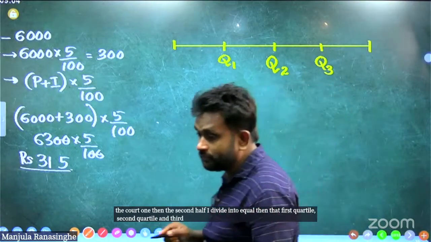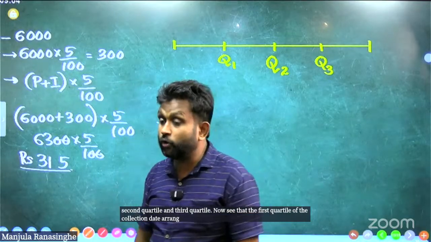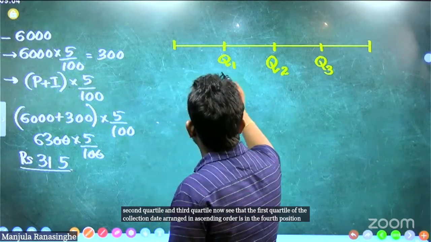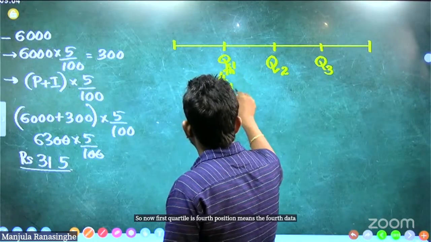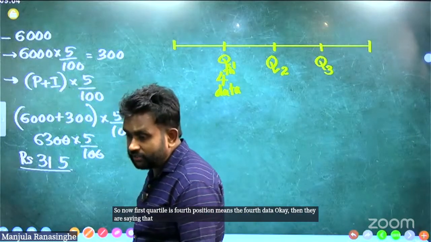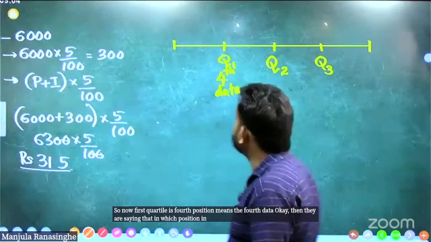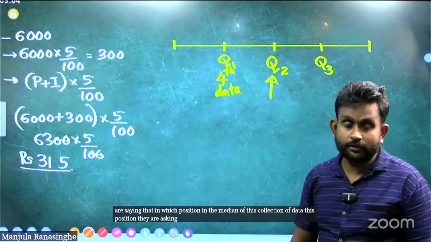Now, the first quartile of the collection of data in ascending order is in the fourth position, meaning the fourth data. They are asking in which position the median of this collection of data lies.